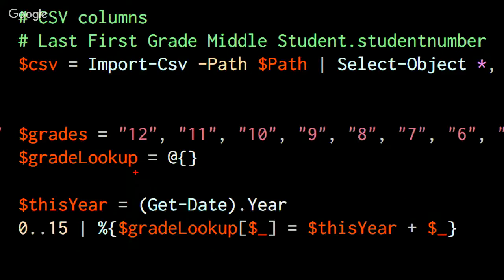Grade lookup is a hash table, right? But it's empty. And I'm doing the same logic as before, right? I take this year, so I'm only calculating this once. And then for 0 through 15, which I could probably do to the length of grades, like he did down below.